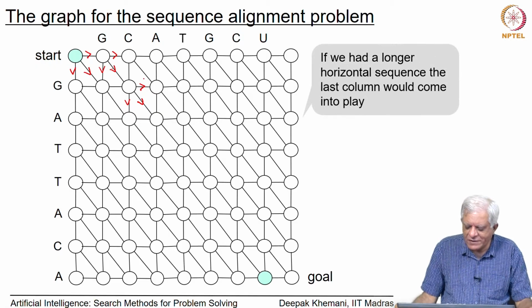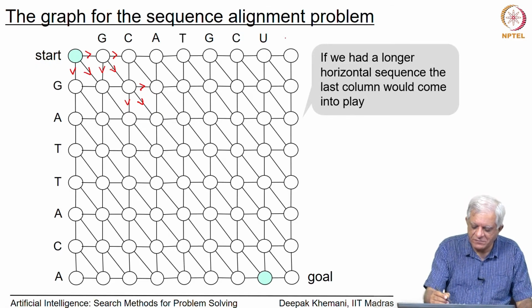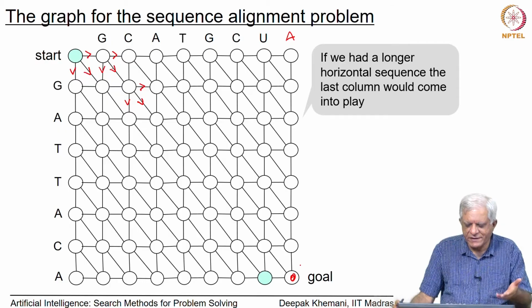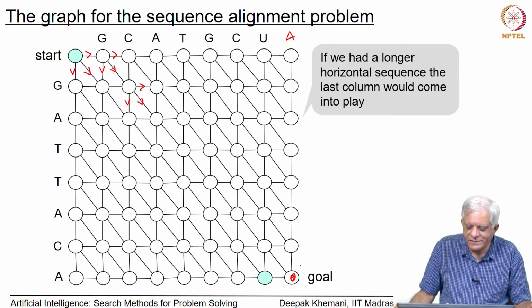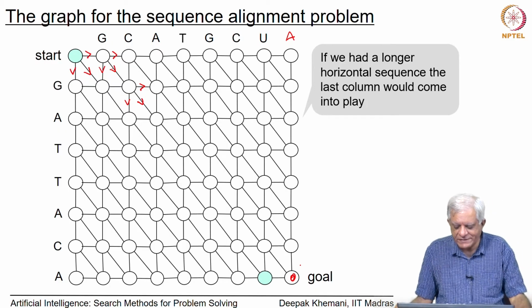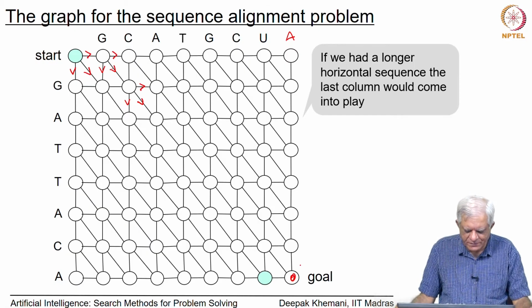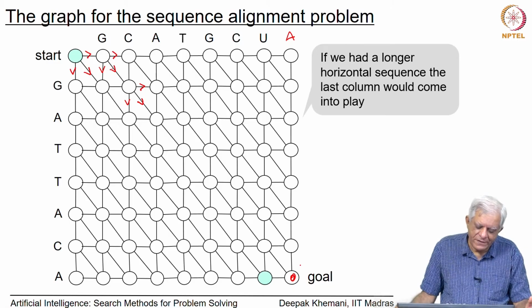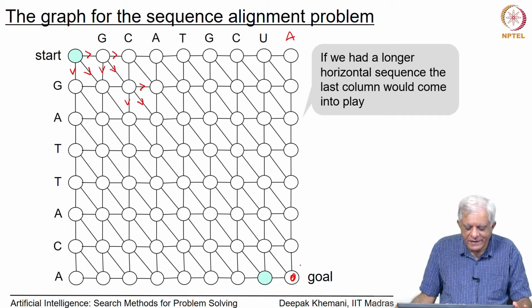If we had a longer string here, for example, if we had a string let us say character A here, then our goal would shift to this one here, and then it would be a non-square array, if you want to think of it as an array essentially. So, the task is now to find a least cost path from the start node to the goal node, and the edge costs are defined by the two characters in the two strings that you are talking about.